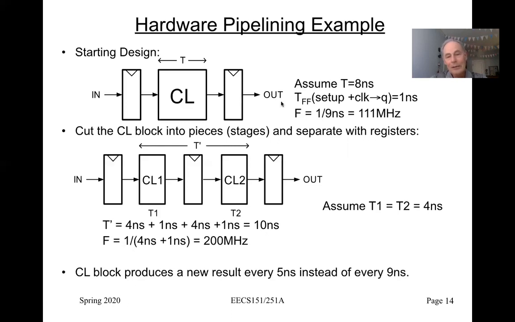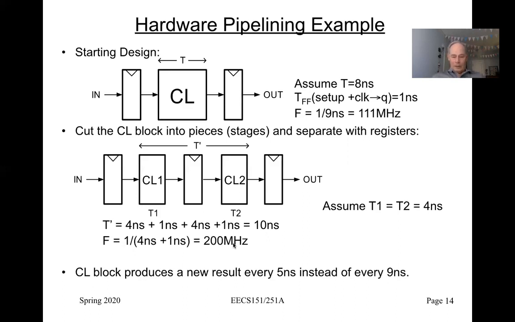As we can see, the latency of that operation actually went up. It got worse because of the overhead involved in this extra register here. However, the critical path is shorter because the critical path is from register to register in this example. Whereas before it was 9 nanoseconds, now it's going to be 5 nanoseconds, so frequency goes up to 200 megahertz.